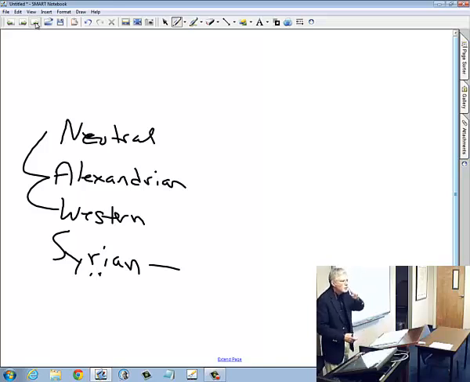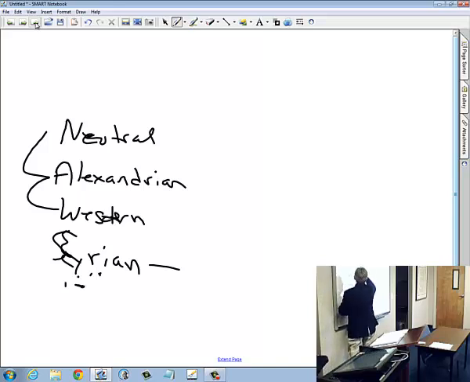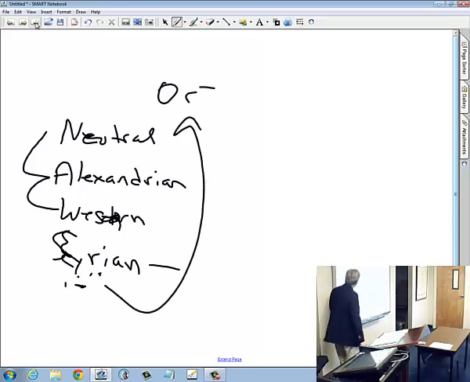Now, if that is true, can you see how that reduces the significance immediately of the Syrian manuscripts? The best we can hope for, if that is true, in looking at the Syrian manuscripts is to do what? Discover something about the Western, Alexandrian, neutral. See? No direct connection between the Syrian and the original.